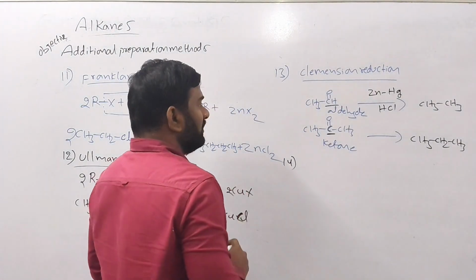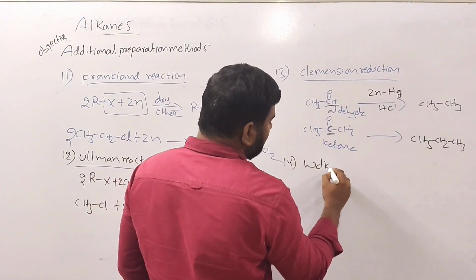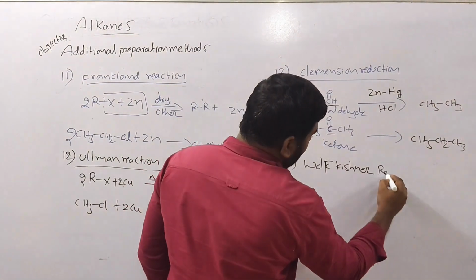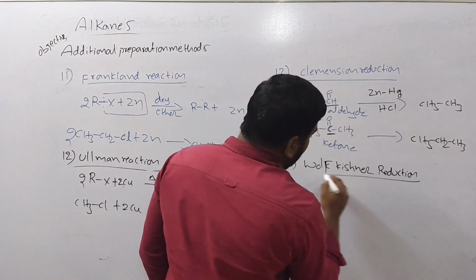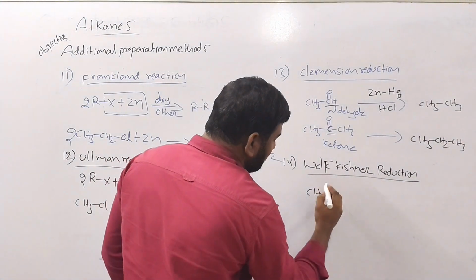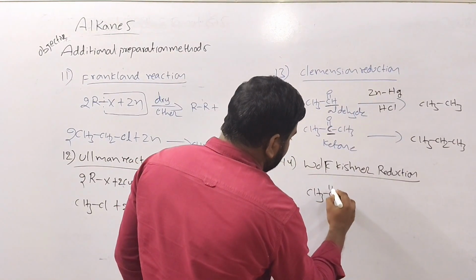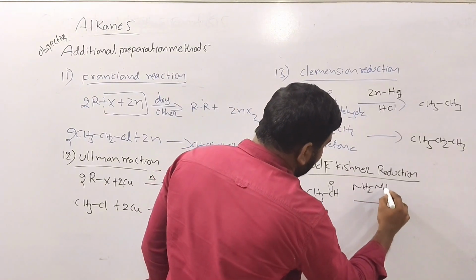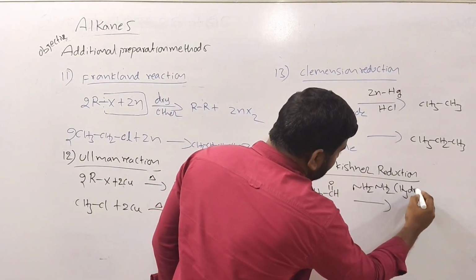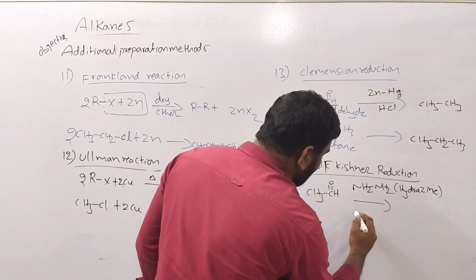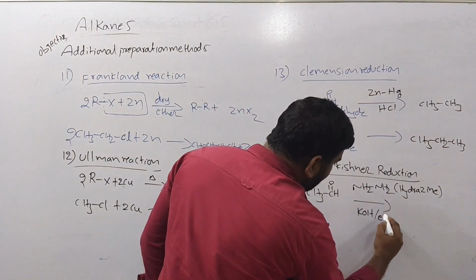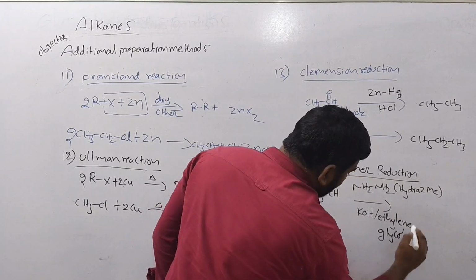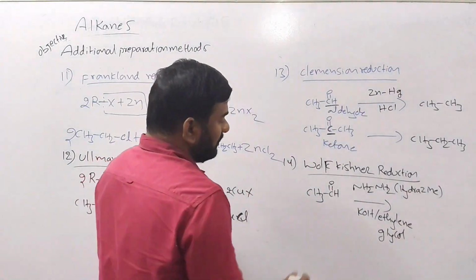Next, the 14th one. This is also the same reaction, Wolff-Kishner reduction. In this also the process is the same, but the reagent is different. Here you take hydrazine, NH2NH2, in the presence of base and ethylene glycol.